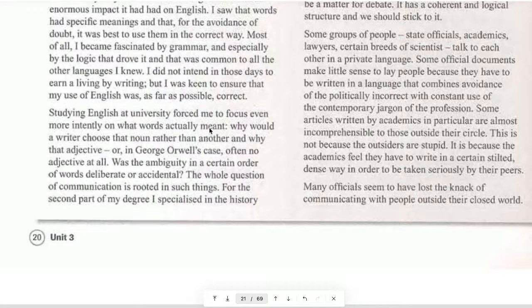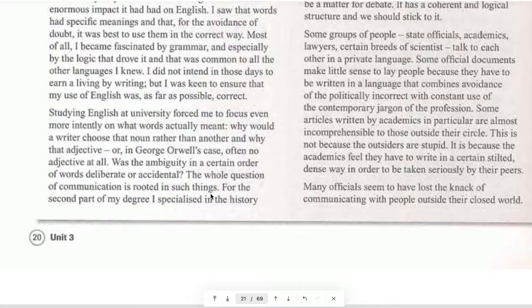I mean, looking at the meaning of the words and why the writer should choose that noun rather than another. And why that adjective? So they are talking about word choice. And then they talk about the ambiguity in a certain order of words, deliberate or accidental. So that is word order. And then they make a conclusion: the whole question of communication is rooted in such things. That means the whole question of communication is based on those two things. I mean, those two things are very important for communication.